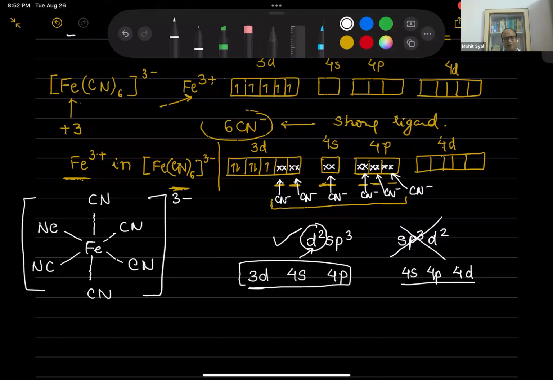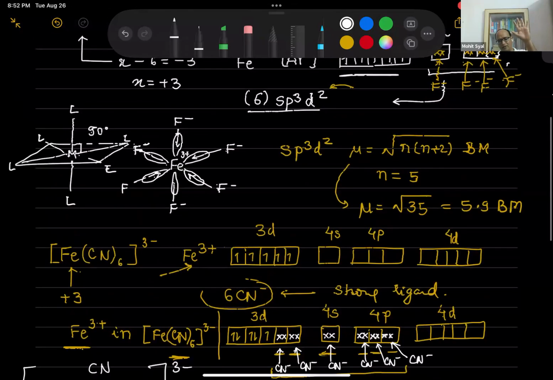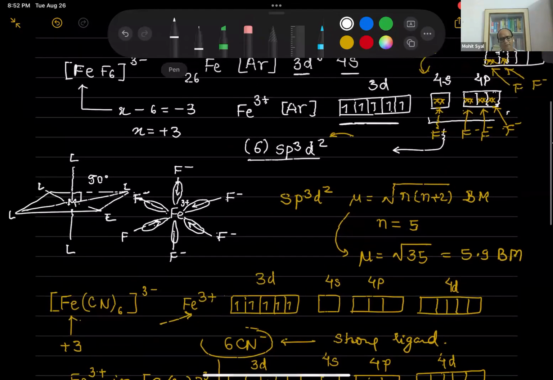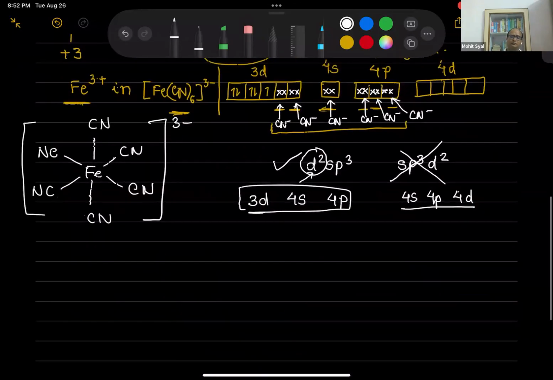If the pairing has occurred, you will have a smaller number of unpaired electrons, single electrons. So you can see the effect of pairing. In this example, there is only one unpaired electron. In the above example, we had 5 unpaired electrons. And that happened because of the strong ligands, which force the unpaired electrons to pair. Got it? Yes.